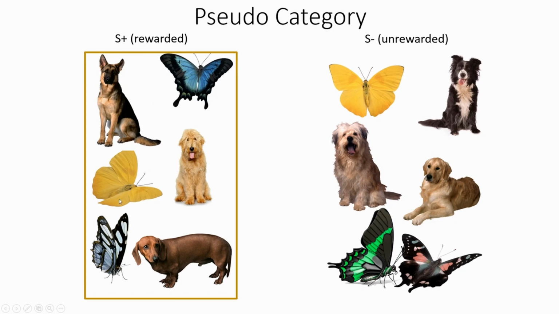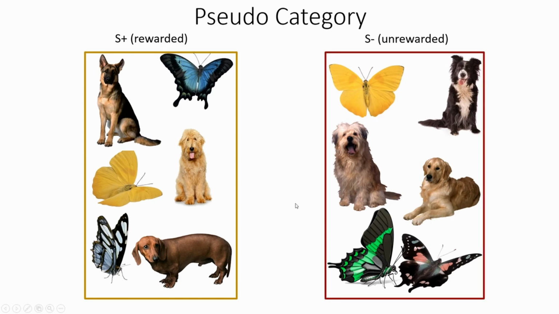It's just a group that we now have to memorize in order to remember what we get food for. Because our unrewarded category is a different set of butterflies and a different set of dogs. So we have to remember this butterfly gets you food, this one doesn't. This dog gets you food, and this one doesn't.